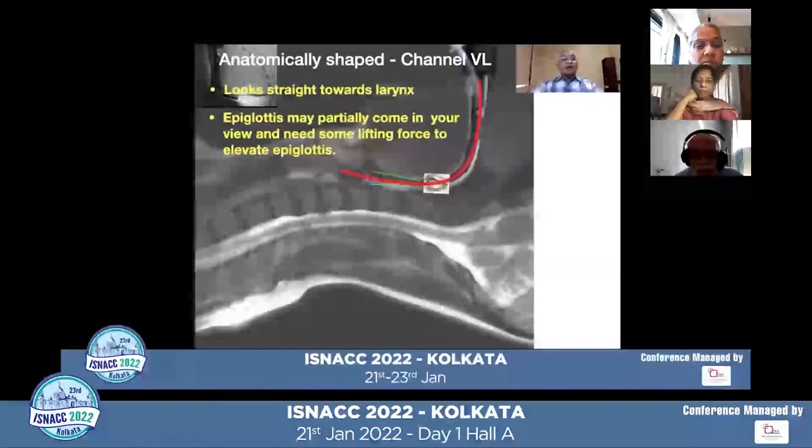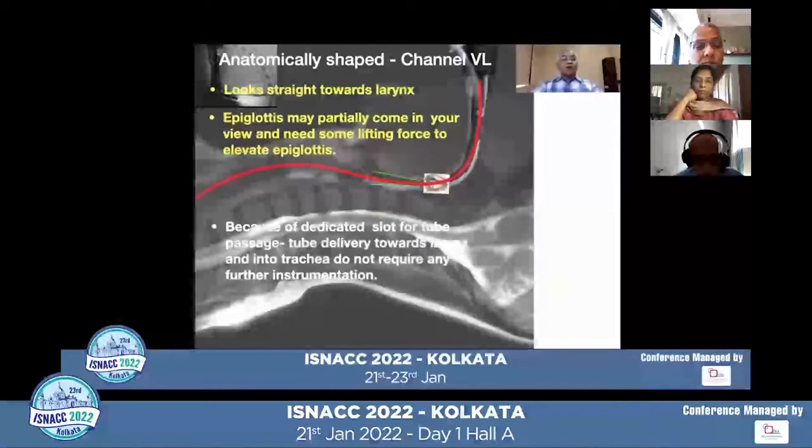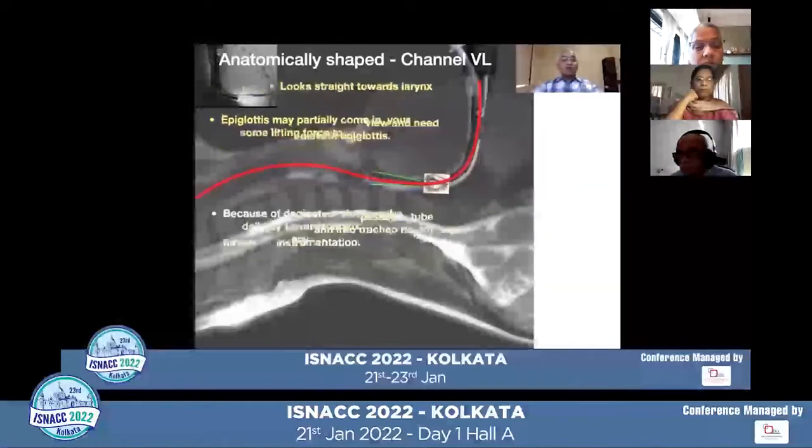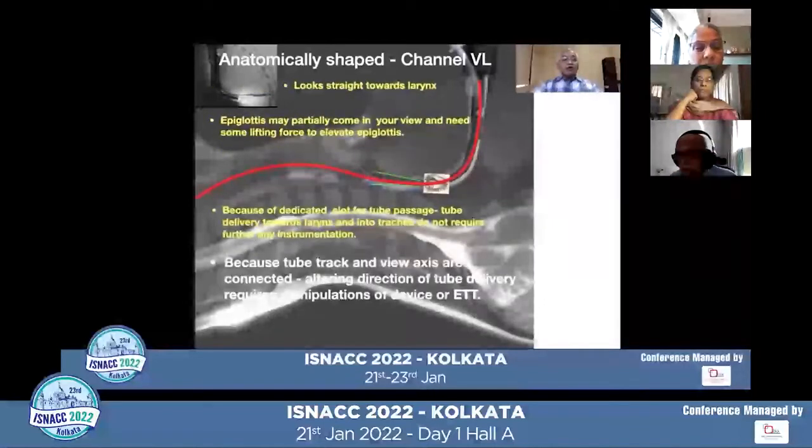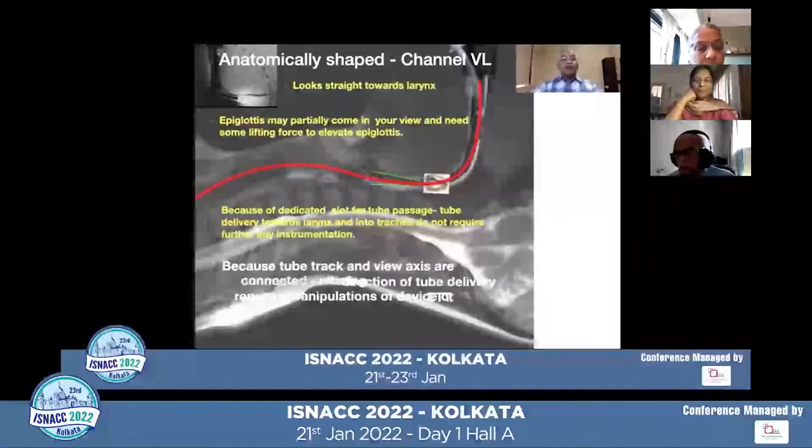After achieving a proper view, once you push the endotracheal tube through the dedicated channel, it will go straight towards the larynx, and passage beyond the larynx does not require any further manipulation. But because of this dedicated slot, because the tube track and view axis are connected, if your tube is not going towards the laryngeal opening, for altering the direction of tube delivery you require manipulation of the device or endotracheal tube.